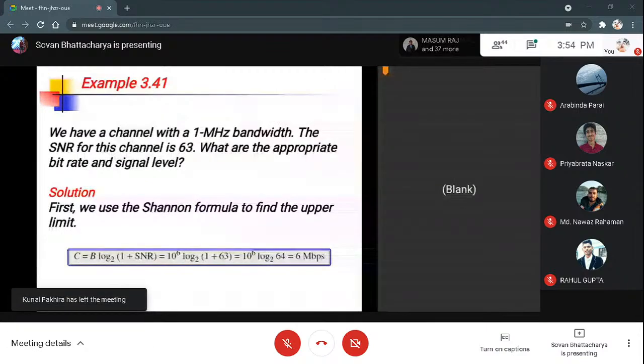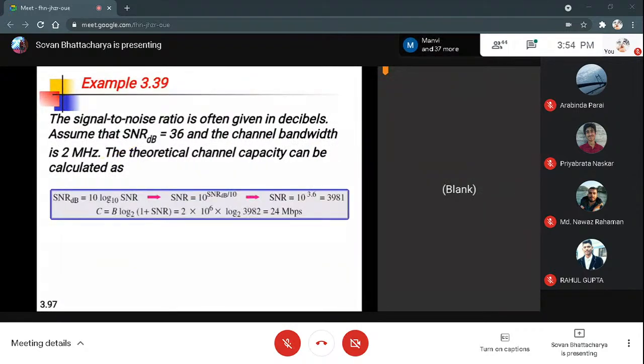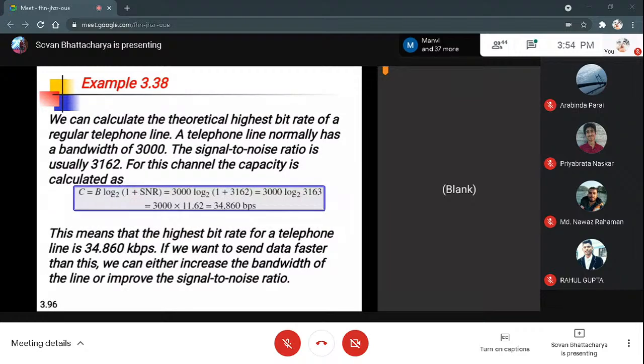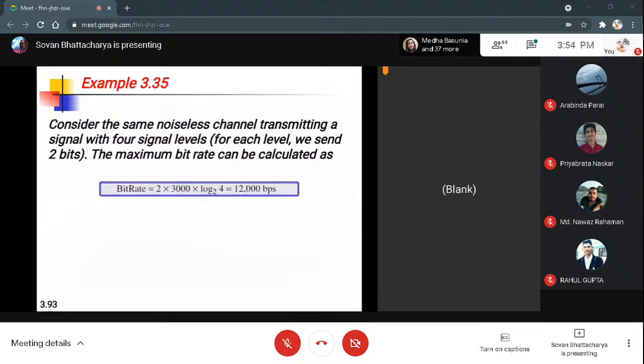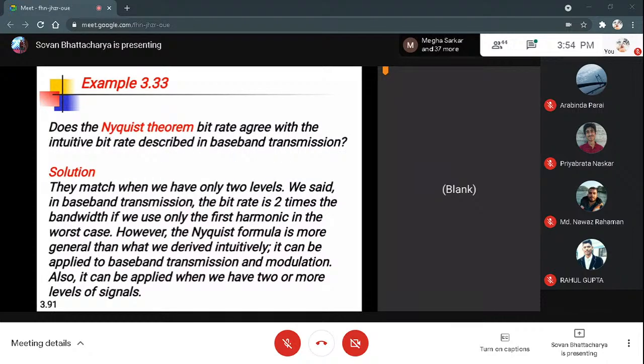C is your channel capacity and B is your bandwidth. Now using this formula you have to find out. After this, in the next class I will explain the next part.